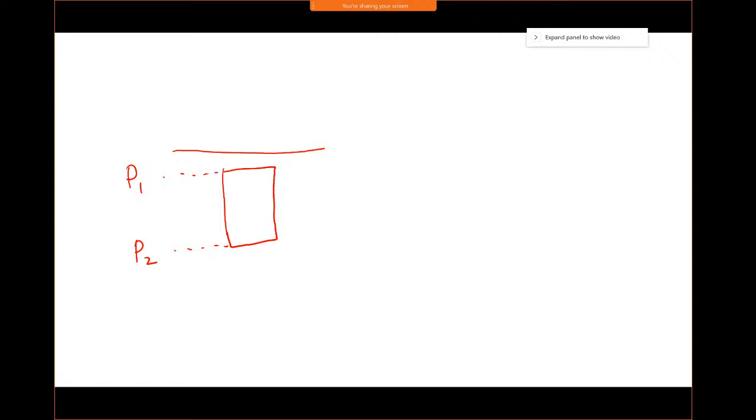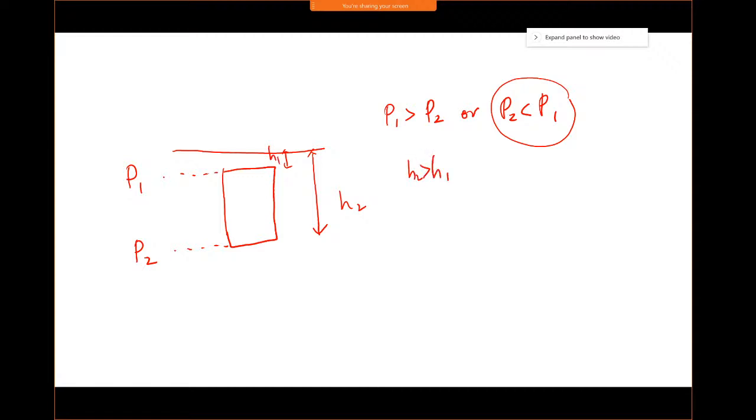Can you tell me, is P1 larger than P2 or P2 larger than P1? It's definitely P2 larger than P1, because H2 is larger than H1.